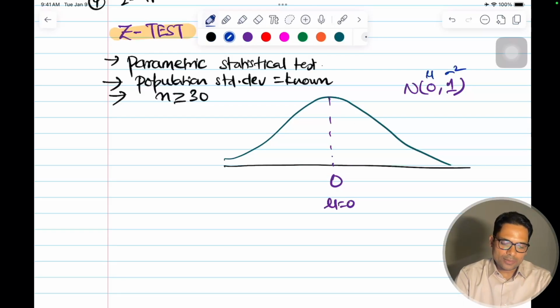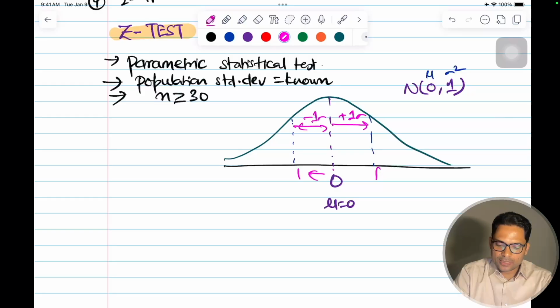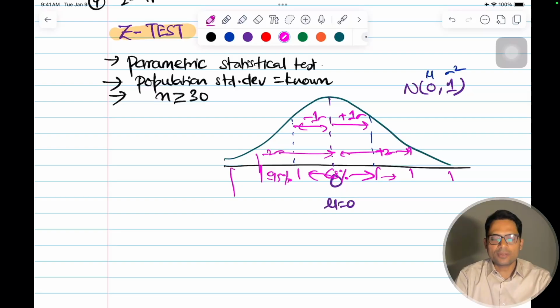Even if it's not standardized, it still holds that within one standard deviation, from minus 1 sigma to plus 1 sigma, 68% of your data lies. Similarly within 2 standard deviations, minus 2 sigma to plus 2 sigma, 95% of data lies, and within 3 sigma, 99%. We know that already.